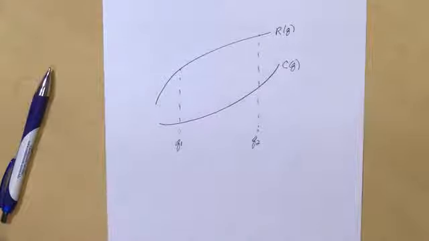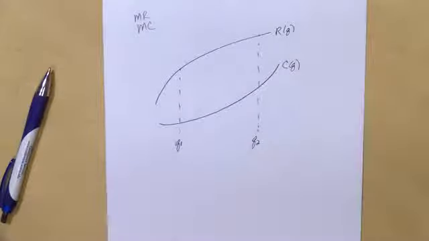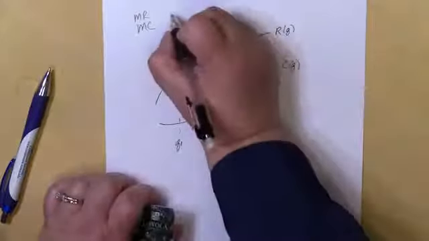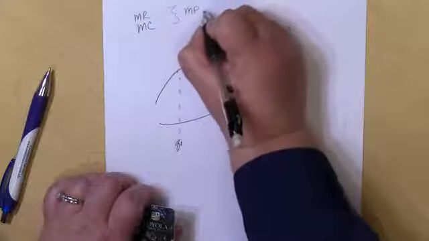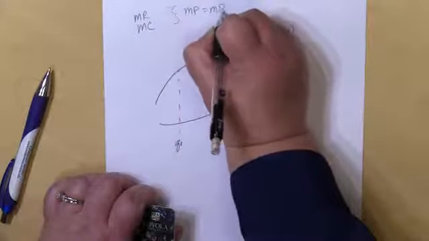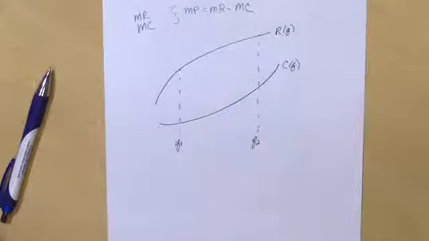So what we want to look at for these types of questions is marginal revenue and marginal cost. And remember that those give us an idea of marginal profit, in the sense that marginal profit is marginal revenue minus marginal cost.